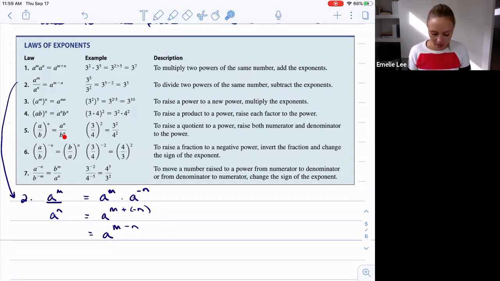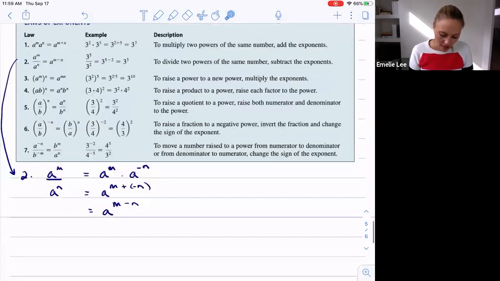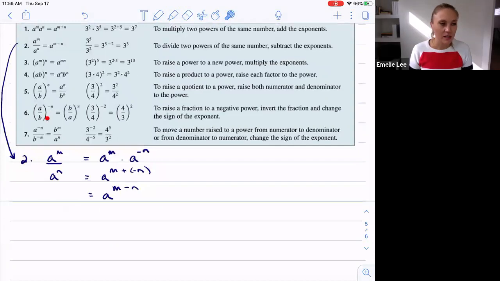There's not a lot to do with those, but let's have a look at number 6. Law number 6 says that if you have a over b to the power of negative n, that's going to be the same as b over a to the power of n.